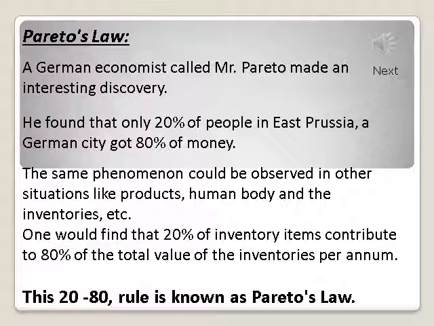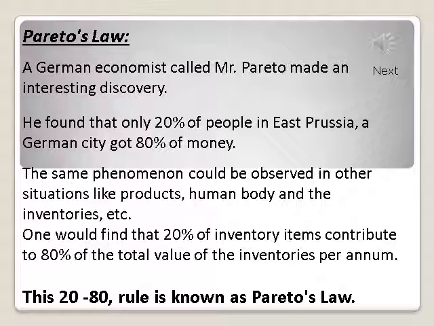This is based on the statement by Professor Pareto, who said that 20% of the input accounts for 80% of the output. He went to East Prussia in Germany and found that this is true: 20% of people in East Prussia have 80% of the money.